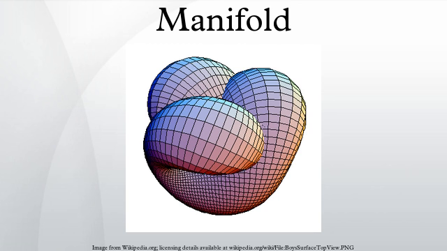Cartesian products. The Cartesian product of manifolds is also a manifold. The dimension of the product manifold is the sum of the dimensions of its factors. Its topology is the product topology, and a Cartesian product of charts is a chart for the product manifold. Thus, an atlas for the product manifold can be constructed using atlases for its factors.